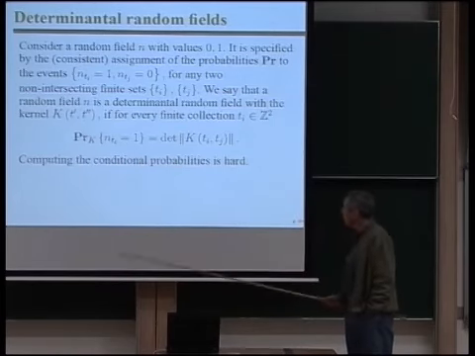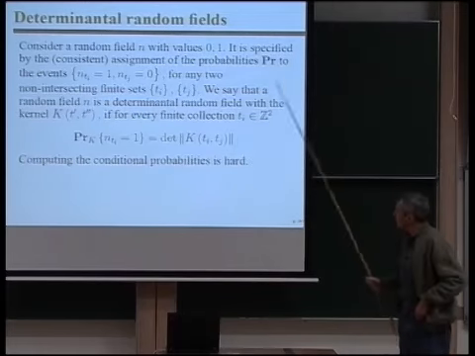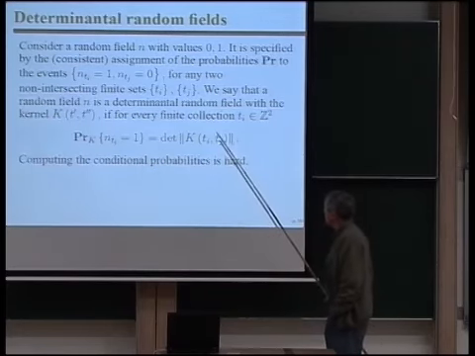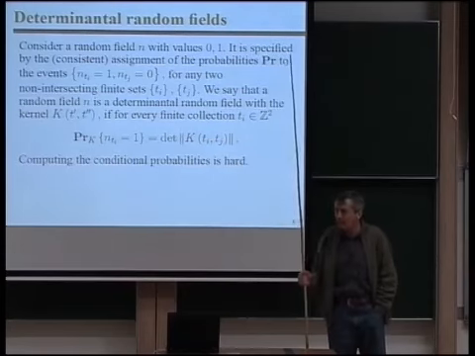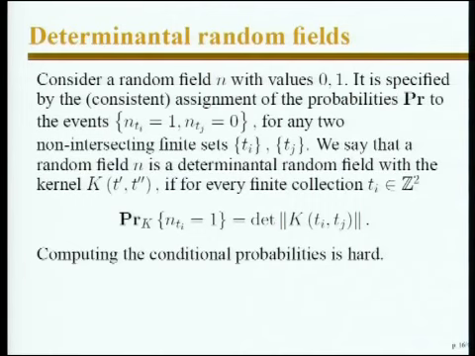what I have to do is build, if that set has, say, L points, this L by L matrix, and take a determinant. And if it so happens that all those probabilities are given by those determinants, then I call my random field a determinantal random field.